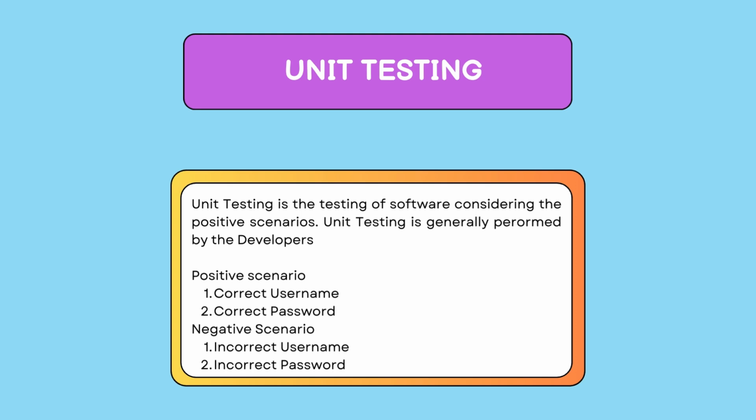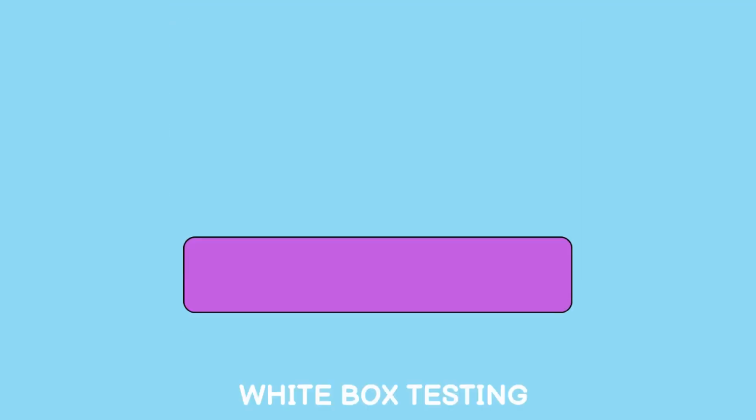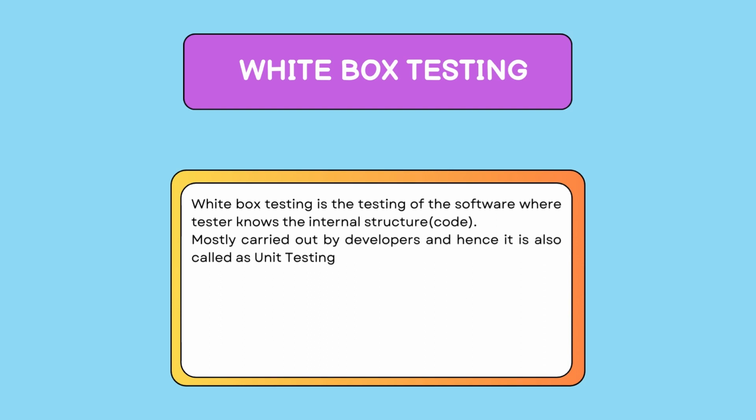So now let's talk about the next term, that is Whitebox testing. It is related to the unit testing. So Whitebox testing is a testing of a software where testers know the internal structure. That means the code. So unit testing is also called a Whitebox testing.